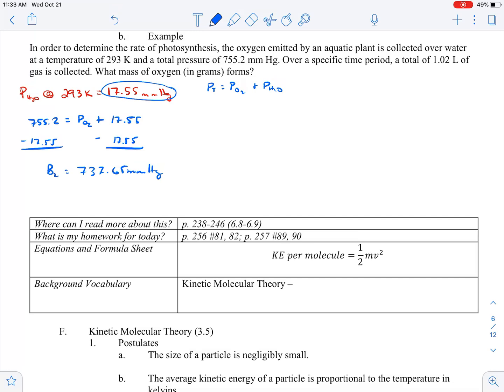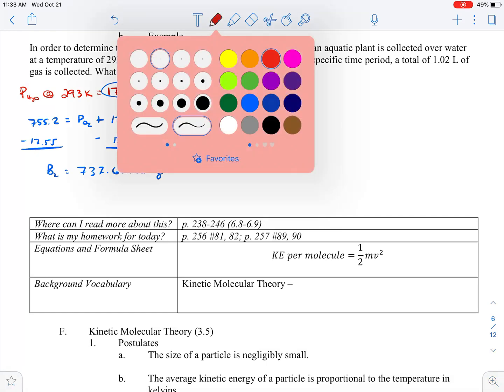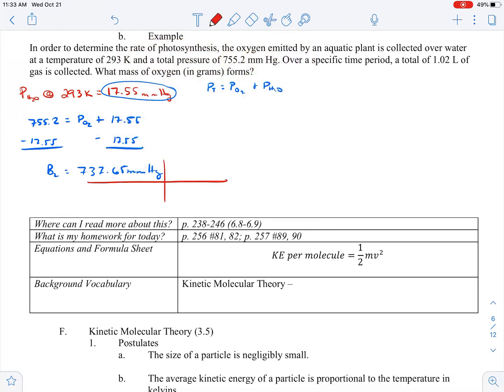So now we need to convert that to atm by dividing by 760, because that'll take us to atm. So we're looking at 0.97 atm. And now we can plug that into PV equals nRT, find n, and then we can find moles.